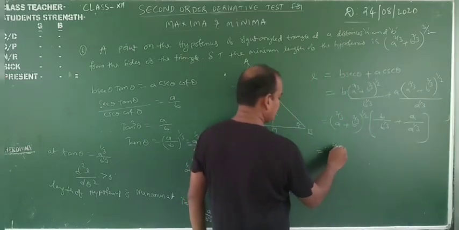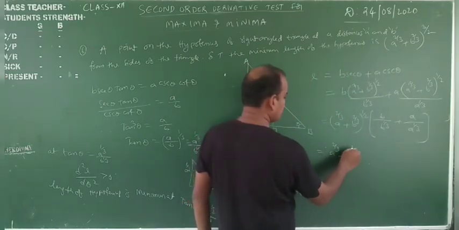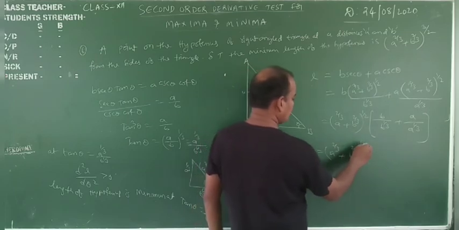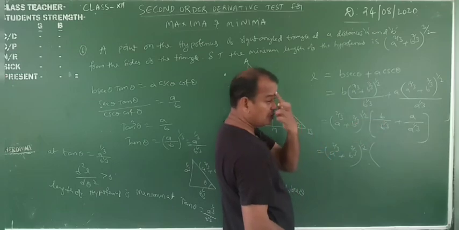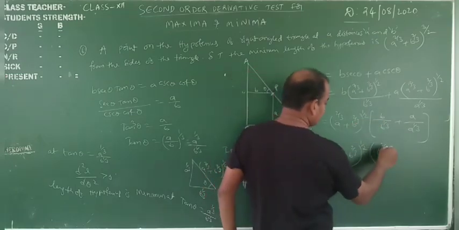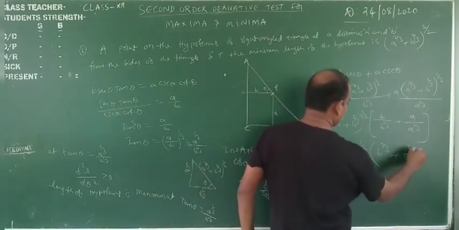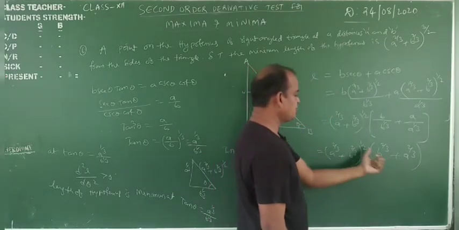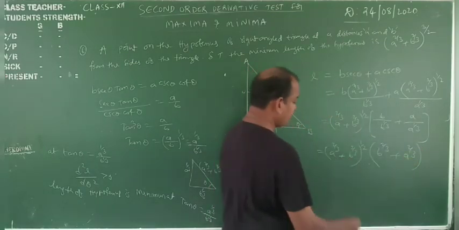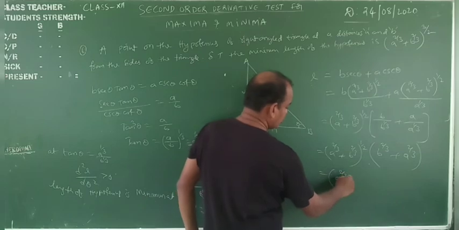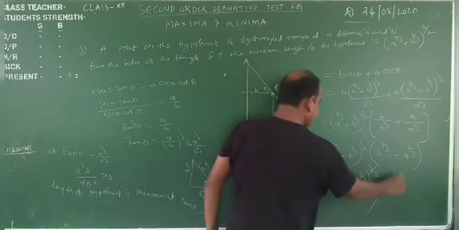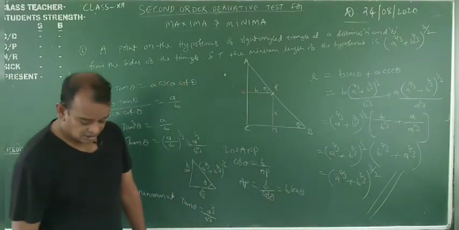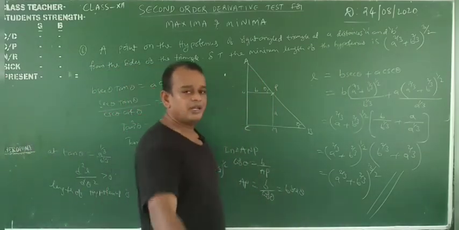That is B power 1 minus 1 by 3, which is 2 by 3, so B power 2 by 3 plus A power 2 by 3. Both have the same base, so the powers should be added: 1 by 2 plus 1 is 3 by 2. That is A power 2 by 3 plus B power 2 by 3 whole power 3 by 2. This is the length of the hypotenuse.